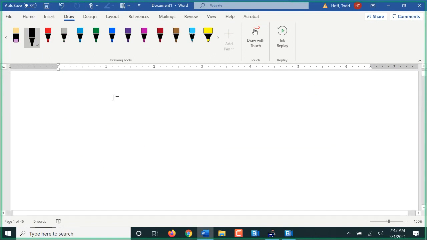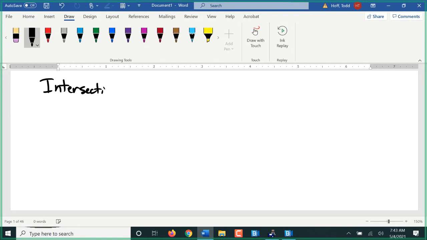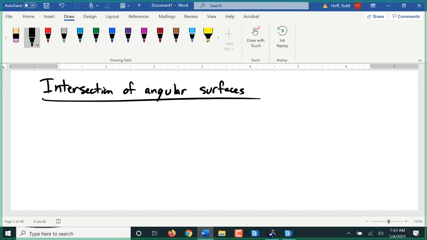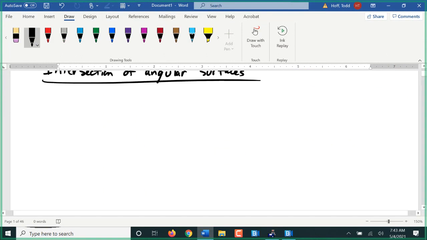So now we want to switch to a different form of a compound angle. And we want to talk about what's called the intersection of angular surfaces. So what this is, if I can draw this, halfway is decent.